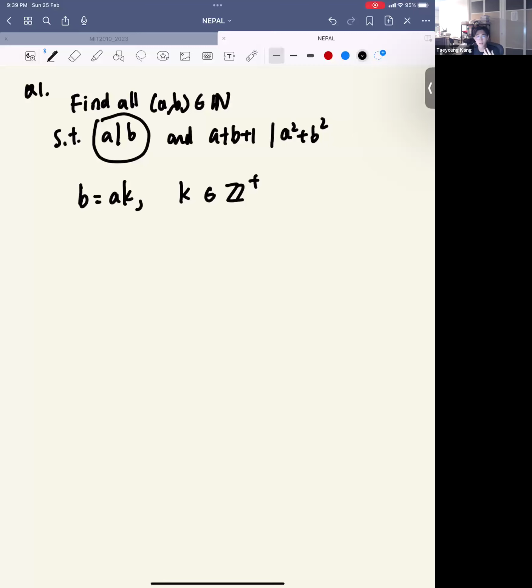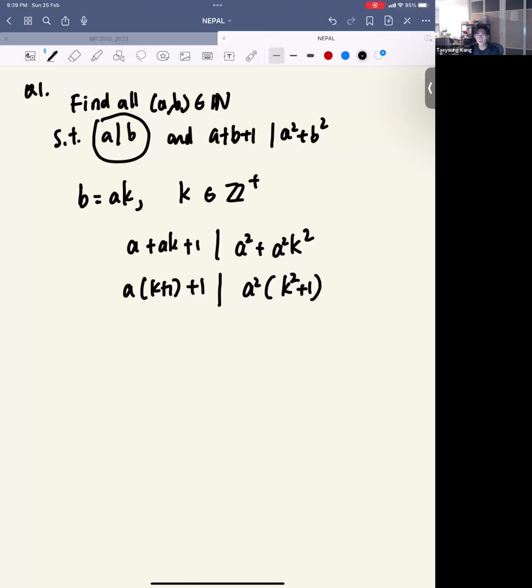So what does that condition change the whole question to? It just becomes A plus AK plus 1 divides A squared plus A squared K squared. In other words, A times (K plus 1) divides A squared times (K squared plus 1).